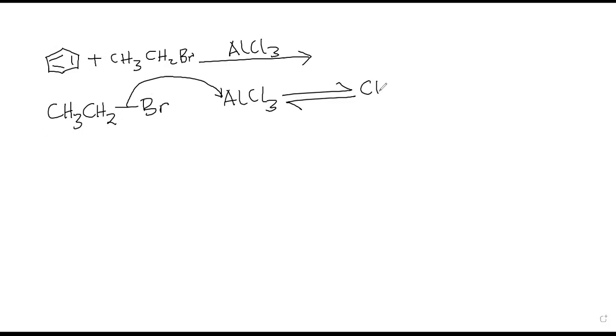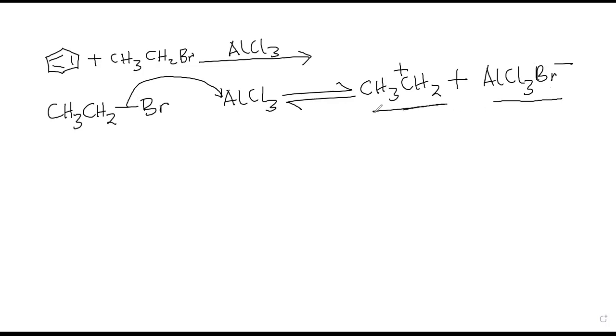So we shall form CH3CH2 with a plus, plus aluminum chloride. This is an intermediate. The bromine that has come will come with the minus, that's why I'm having it as AlCl3Br minus. But our main interest is this electrophile. Your first step must be this.